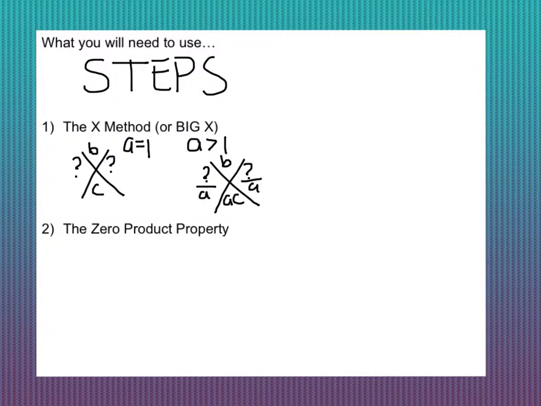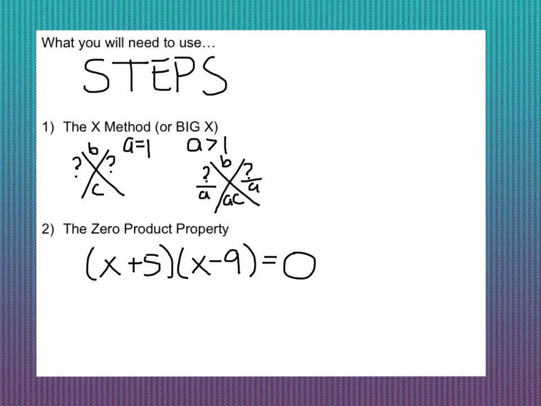But let's say that once you finish factoring your polynomial, you'll have an answer, and let's give you an example. It could be X plus 5 times X minus 9. And this is going to be set equal to 0 because the quadratic equation will be in standard form.